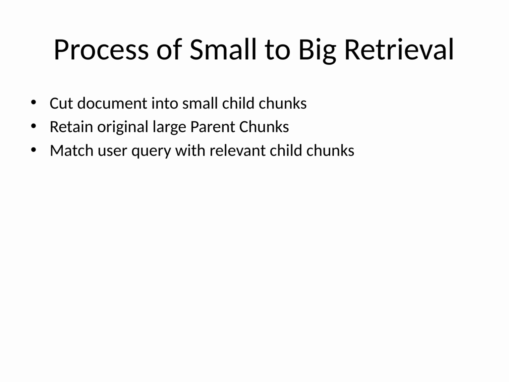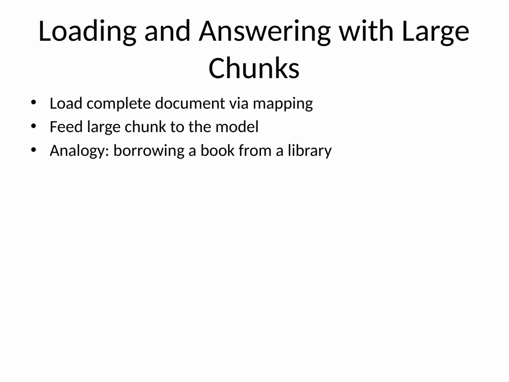When a user asks a question, the system matches the query with the most relevant child chunks. Once the relevant child chunks are identified, the system loads the complete document through a mapping relationship and feeds this large chunk to the model.